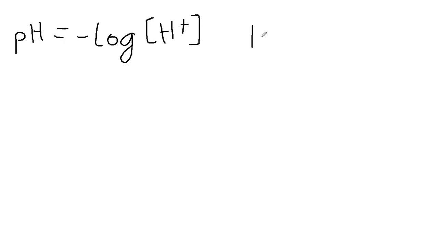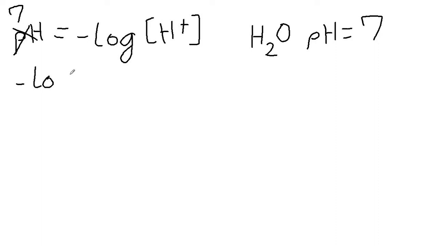And so what does that mean for a pH? Well, a pH is basically the negative log of the proton concentration. So when we say that pure water, H2O, has a pH of 7, what we're saying is that 7 equals the negative log of the proton concentration.